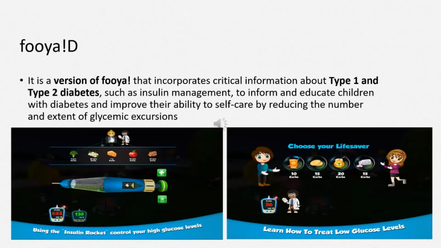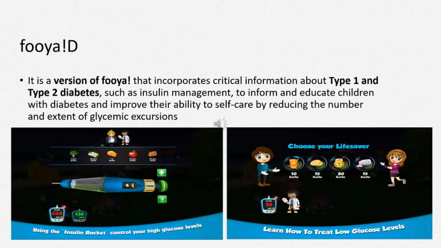Fuya D, on the other hand, is really catering to a population of children that have either type 1 or type 2 diabetes. The focus beyond the experience of Fuya is really to help them understand how they can count carbs and use energy balance and insulin to better manage their condition.